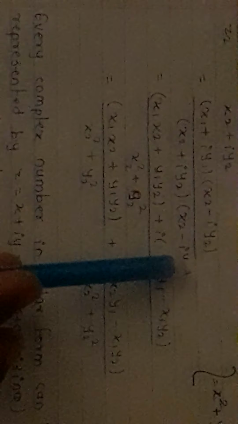So finally again we take the product of the two terms in the numerator, (x1 + iy1) times (x2 - iy2). So we get x1 x2 + y1 y2, plus i taking common, (x2 y1 - x1 y2), and in the denominator it is in the form (a + b)(a - b).